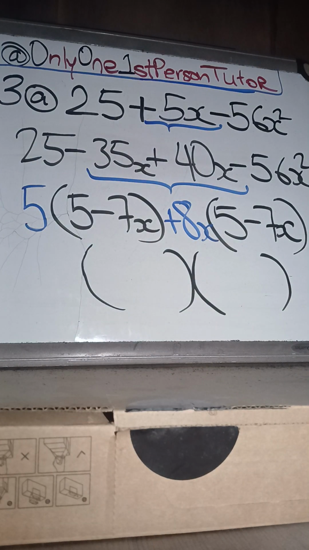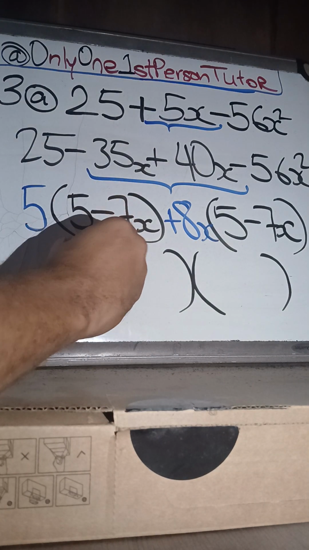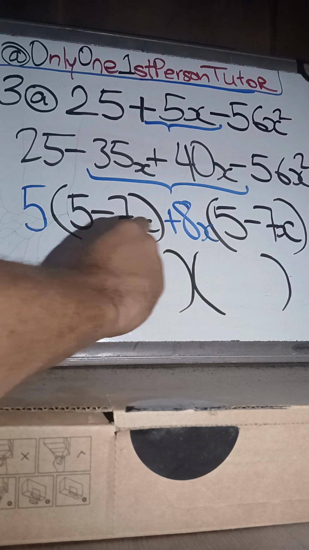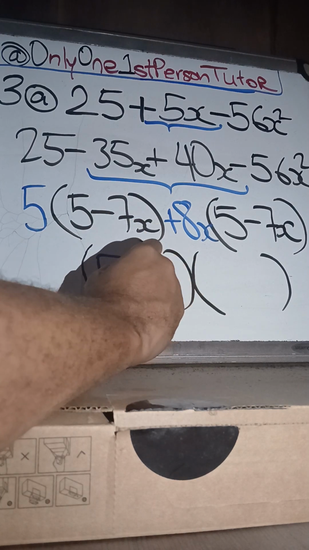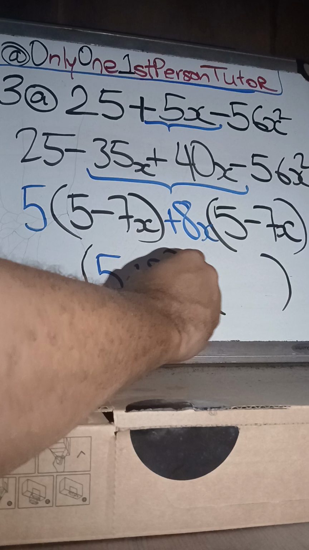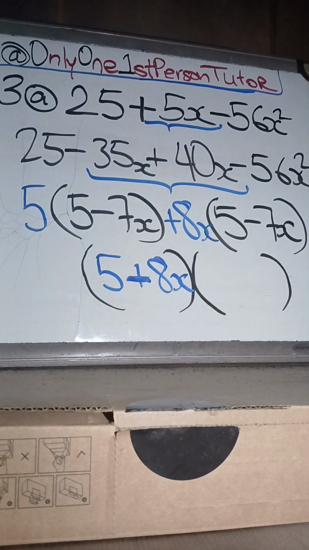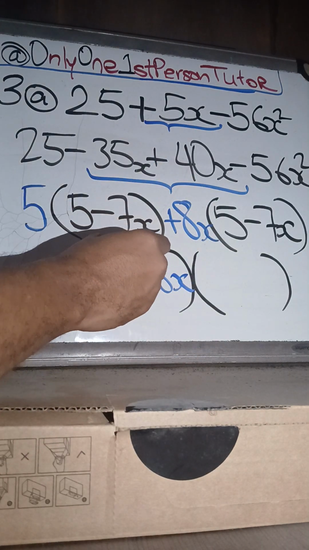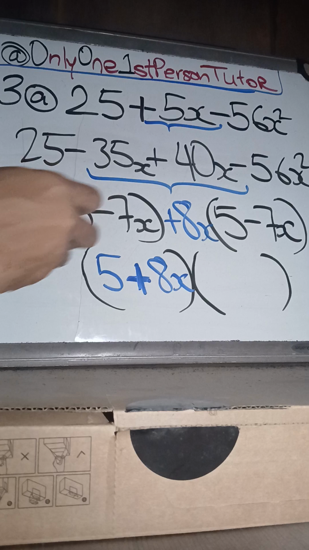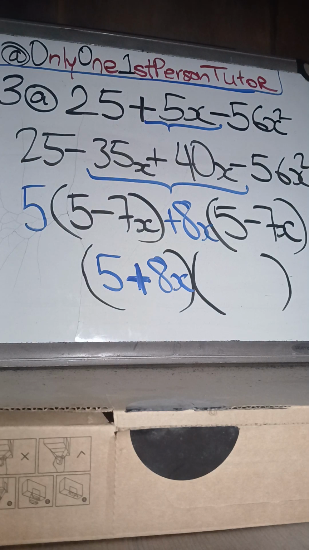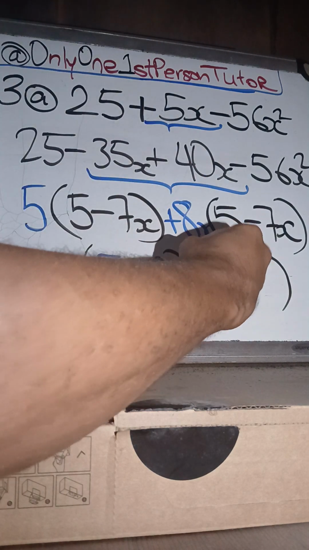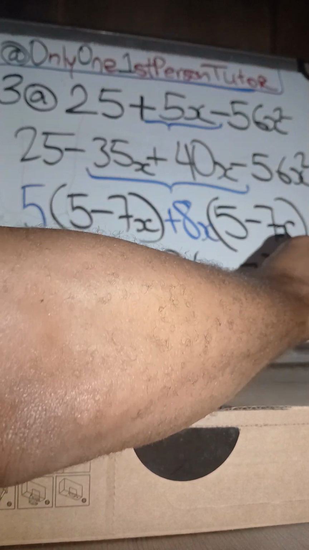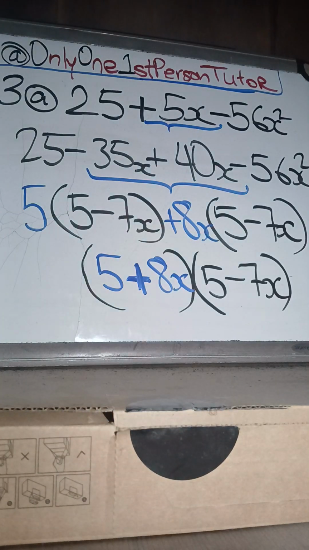Obviously the blue will go in here, so we'll take that 5 plus 8x and put that on the left right there. And then we take the 5 minus 7x, and that will be over here.